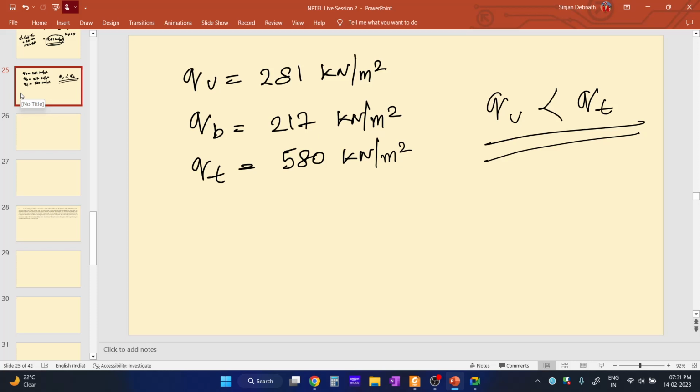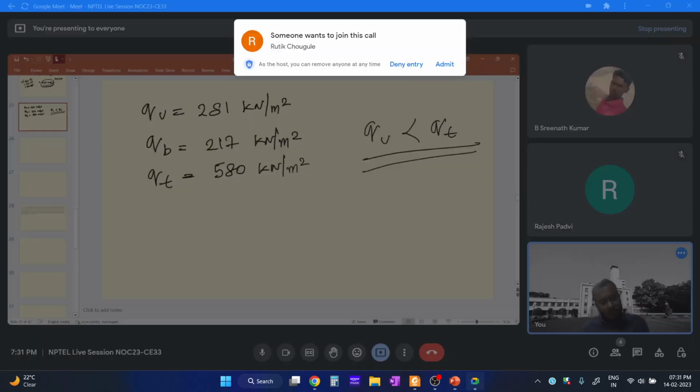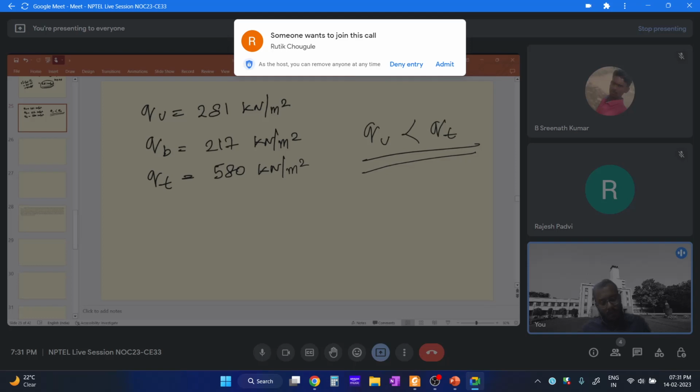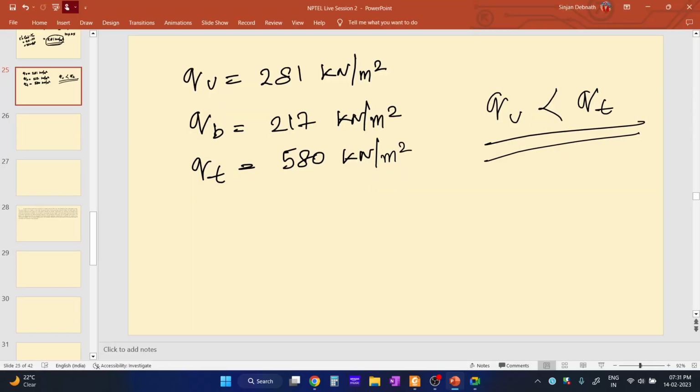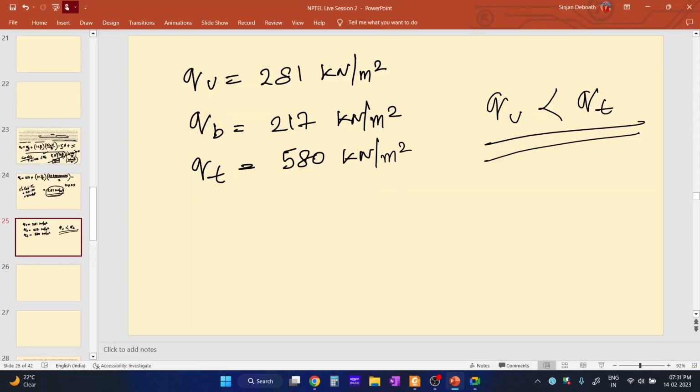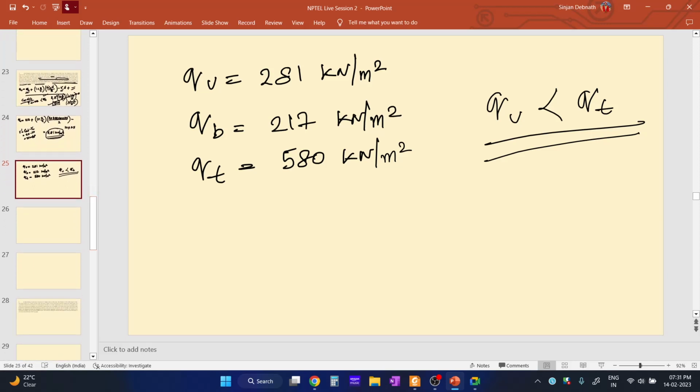I have explained all the steps in detail. If you follow the problem in this way, you will be able to do it easily. So please let me know if you have any doubt regarding this two layered soil system. No, sir, any doubt. Okay.